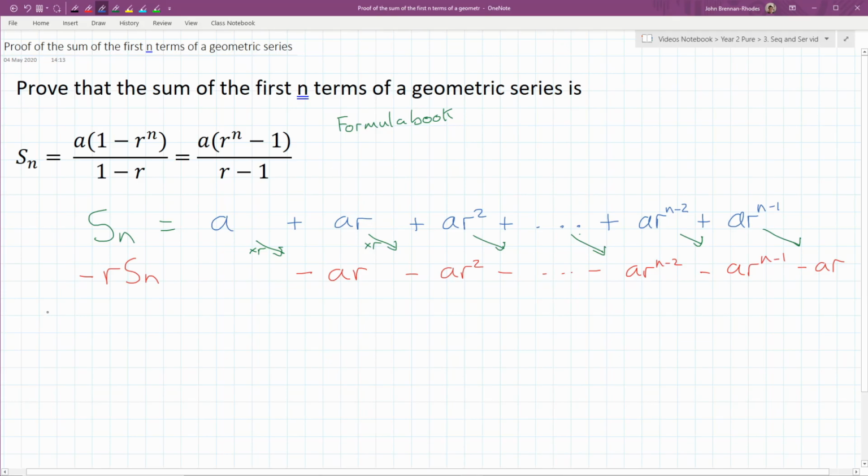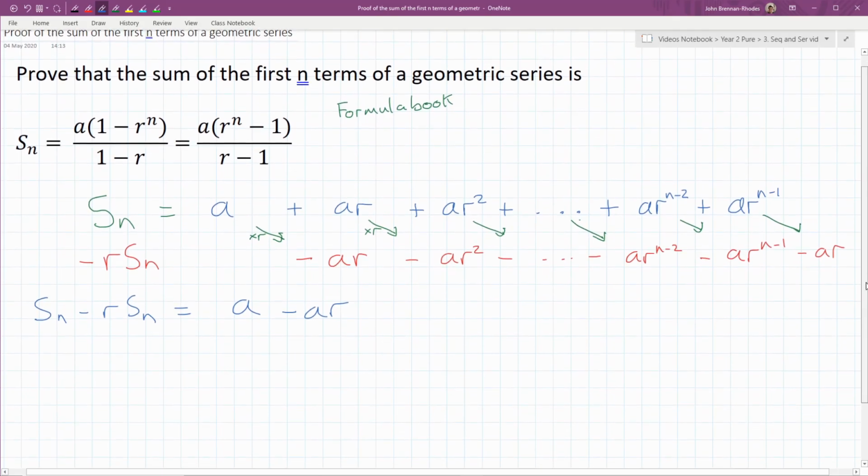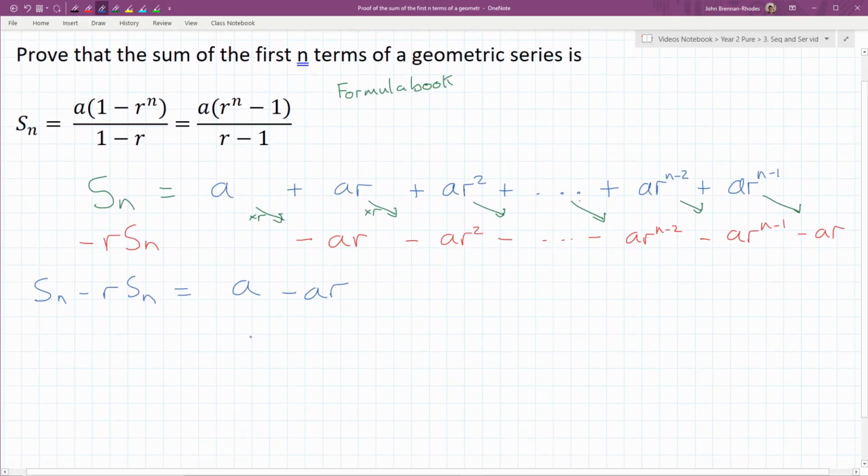So what have I got? I've got Sn minus R times Sn is equal to A, cancels, cancels, cancels, cancels, cancels, minus AR to the n. Let's shuffle that along. That's all we're left with. And now you can see how we might be able to get this proof to work.